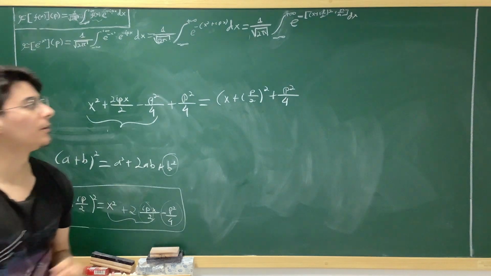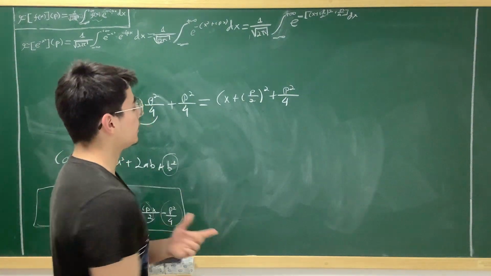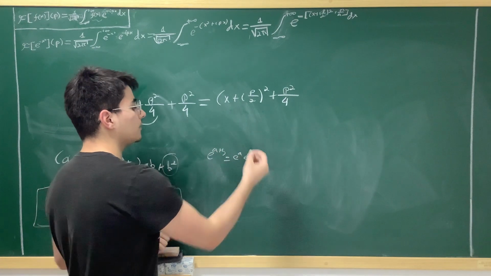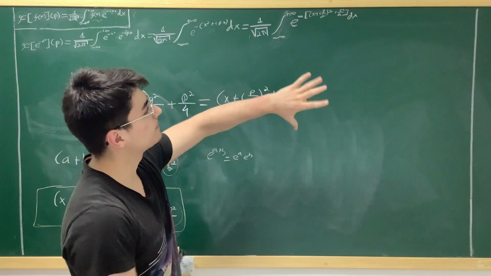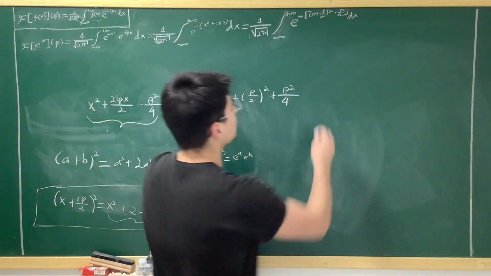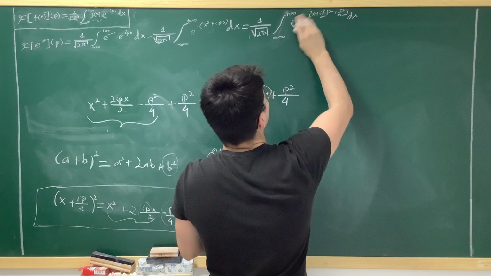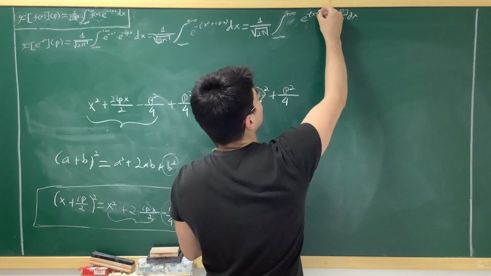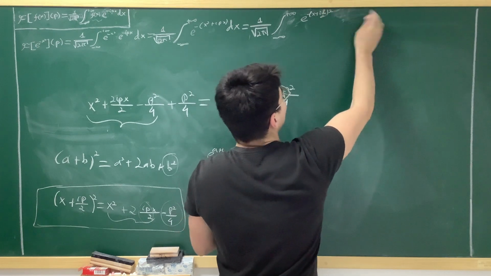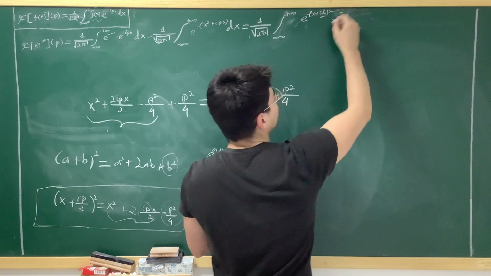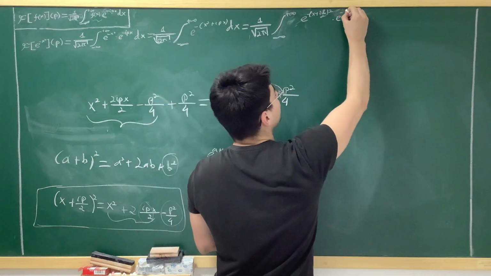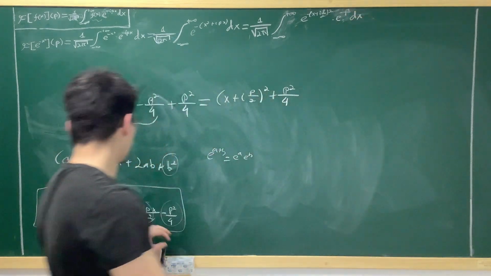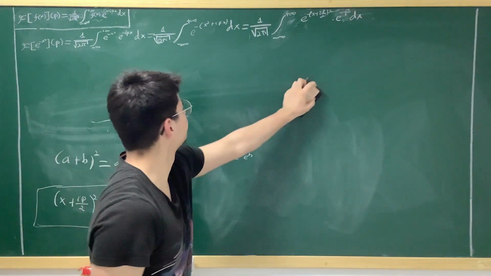Using, again, the property of exponentials, e to the a plus b is the same as e to the a times e to the b, we can split this into two exponentials. We will just get e to the minus (x plus ip over 2) squared times e to the minus, remember, we shift the minus sign, p squared over 4 dx. And I'm going to erase this for now, okay?